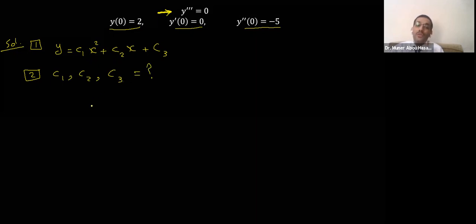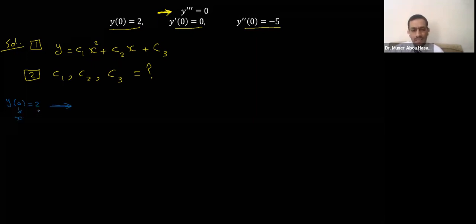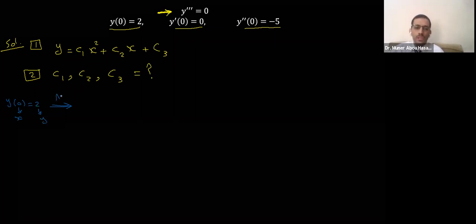How do we find those constants? By using the given initial conditions. Let me use the first initial condition, y of 0 equals 2. Don't forget, this 0 goes for x and this 2 goes for y. Let me plug into my solution, star.